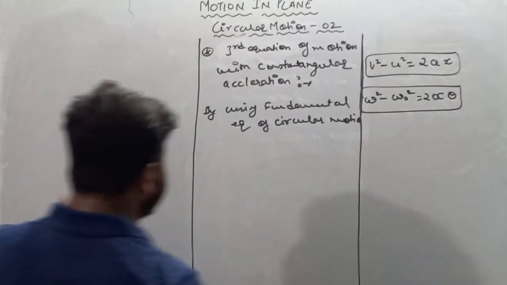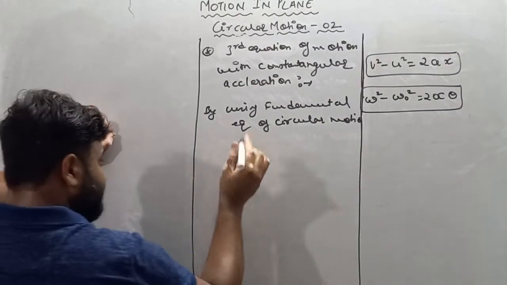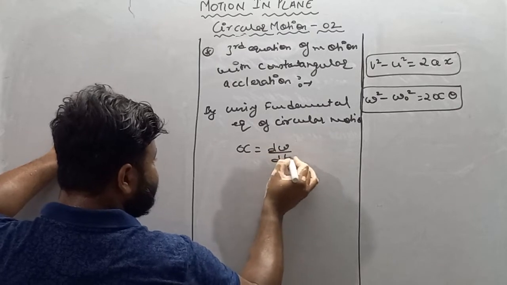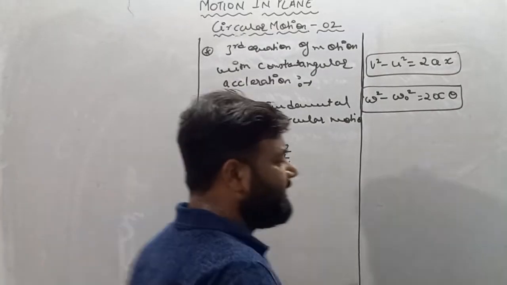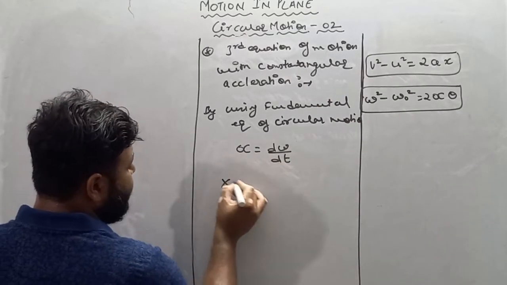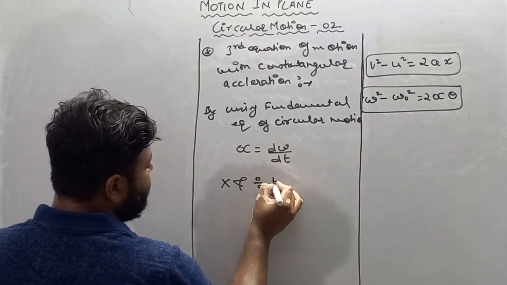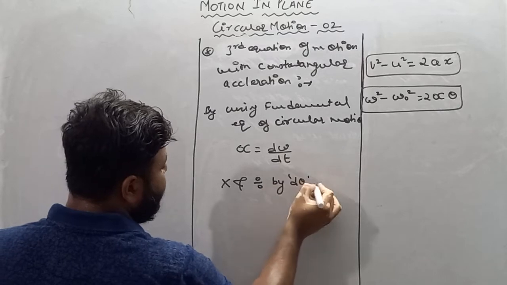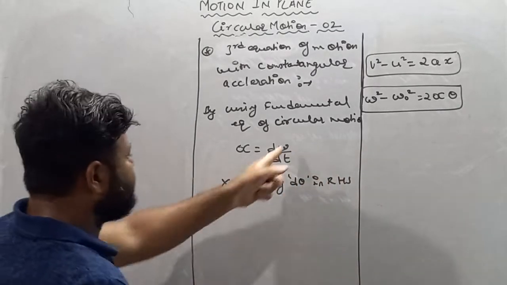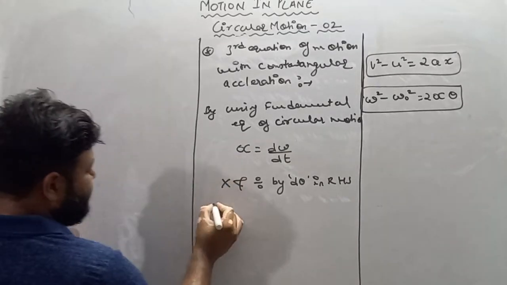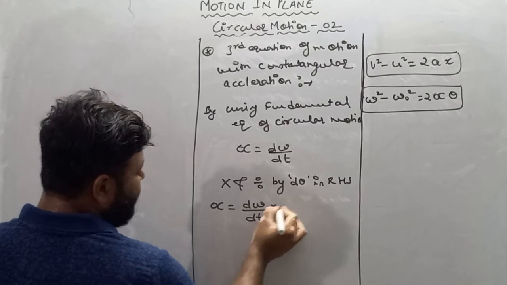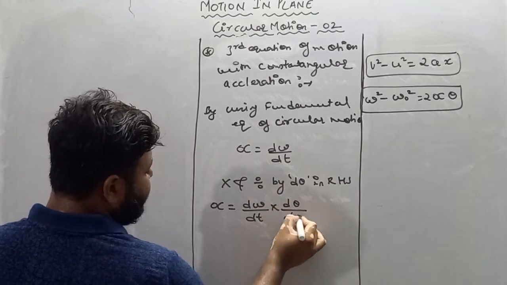Now moving forward, I am using the equation alpha is equal to d omega by dt. What I have to do is multiply and divide the RHS by d theta. So we get alpha is equal to d omega by dt multiplied by d theta divided by d theta.